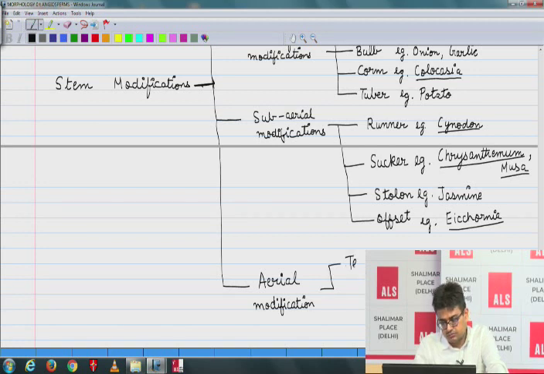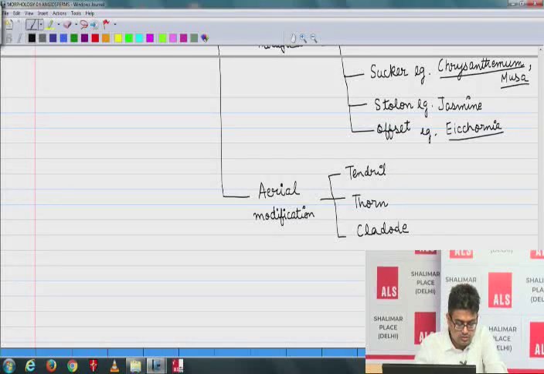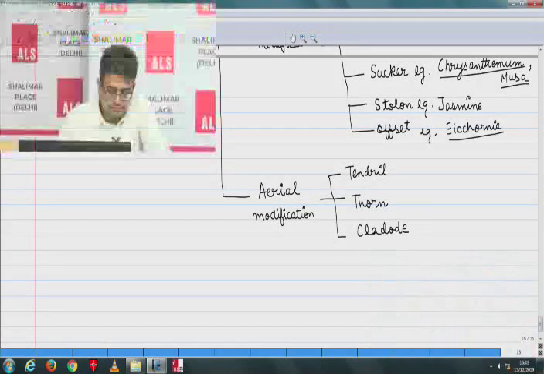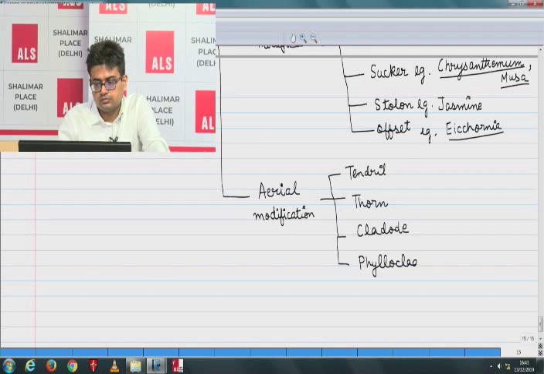Tendril, thorn, bulbil is also going to be an example of this condition. Cladode, phylloclade, and bulbil.